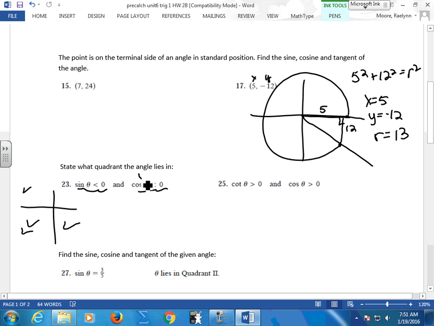Think of it this way, the cosine is your x. Here's your x negative, so this quadrant and this quadrant. Where they overlap is where it meets both criteria. So what quadrant would I find that angle in? 3. Doesn't that make sense? The sine is negative, the y is negative, the cosine is negative, the x is negative. And your tangent always comes out positive. Quadrant 3.